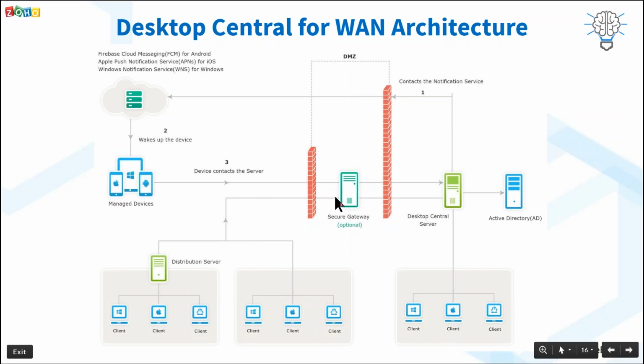You might wonder what a forwarding server is. It's nothing but a secured gateway, as you can see here. If you wish to manage the roaming users securely, you can utilize the forwarding server feature. This acts as a secured gateway server between the roaming agents and the Desktop Central server. Any communication from the roaming agents to the Desktop Central server will be routed through the forwarding server.